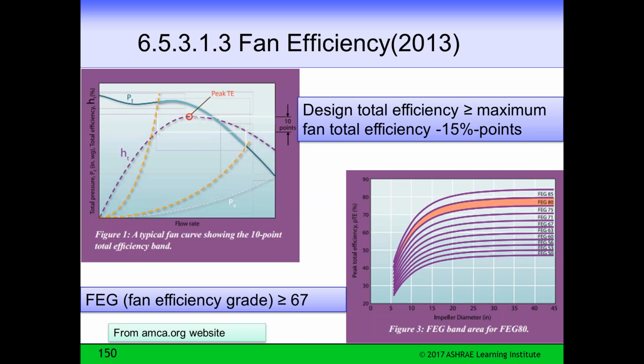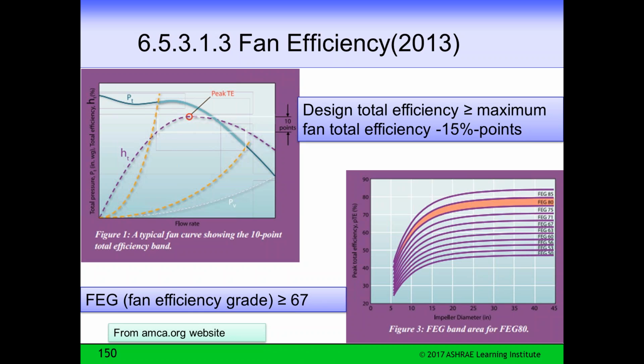The first subsystem is fan efficiency, new for 2013. The design total efficiency must be greater than or equal to the maximum fan total efficiency within 15 percentage points. So up here at the peak efficiency, back or forth, 15 percentage points is where you're supposed to pick your fan from.